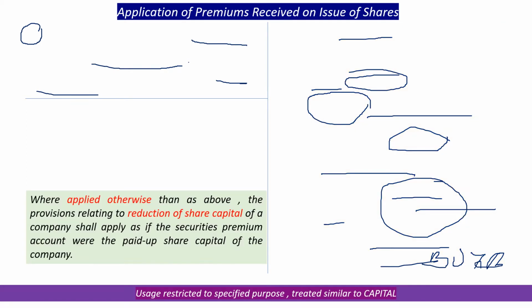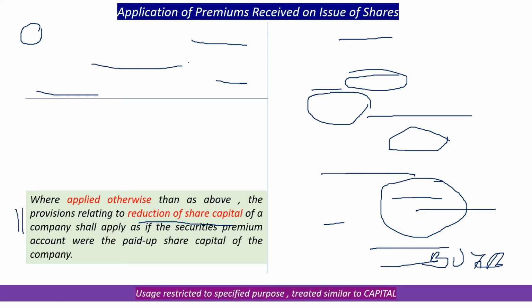In addition to that, if you don't use it for these purposes and use it somewhere else, then it amounts to reduction of capital. Now, you will ask what is so significant about it. Reduction of share capital is not permitted in the normal course. It is a deviation.